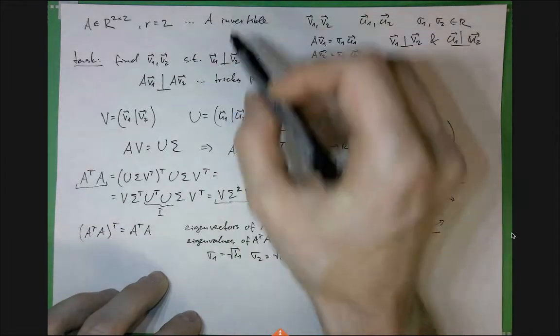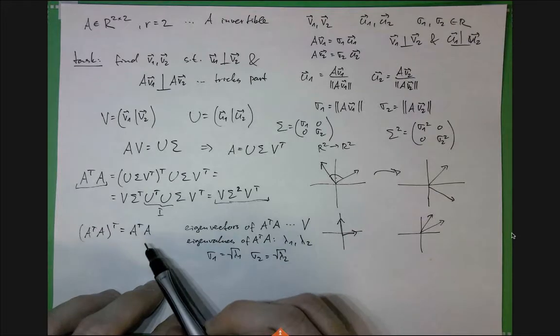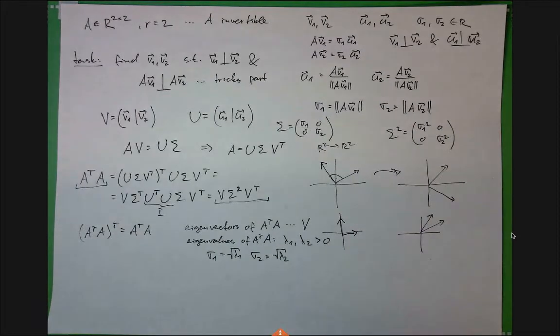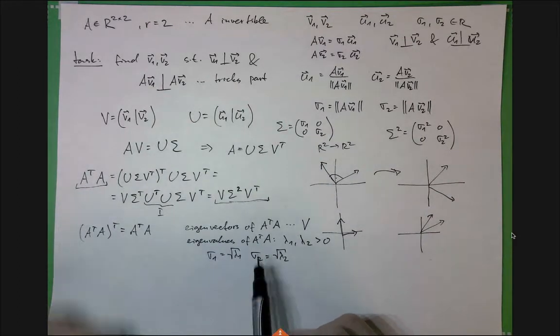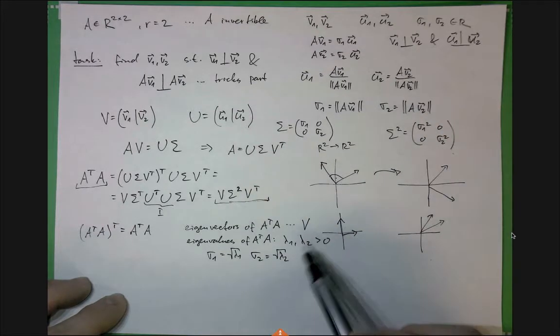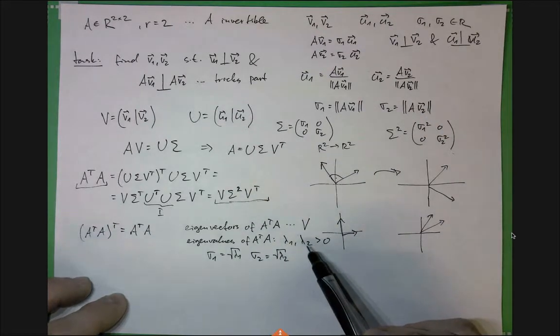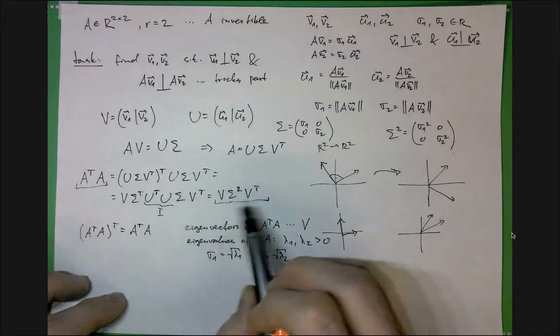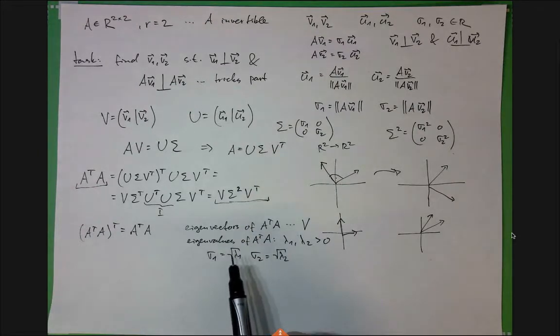Because I know the matrix is positive definite, lambda 1 and lambda 2 are both positive, so I can take the square root, and it stays real. These are my singular values. That's just because here I'm taking sigma squared, right? So if I square them, I get exactly the original lambda 1 and lambda 2. So the eigendecomposition works. This is how I can find the right singular vectors and the singular values in this specific case.